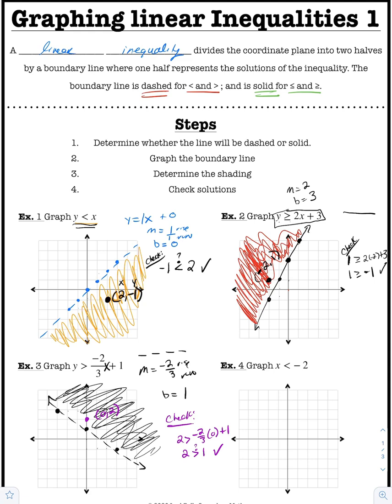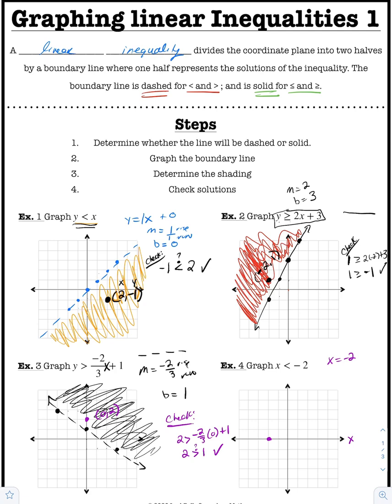Lastly, we have x is less than negative 2. Now, last week we talked about horizontal and vertical lines. And hopefully we realized that this boundary line is x equals negative 2, which is a vertical line because it goes directly through our x-axis. So we're going to go right here to where x is negative 2, and we're going to draw a vertical line.